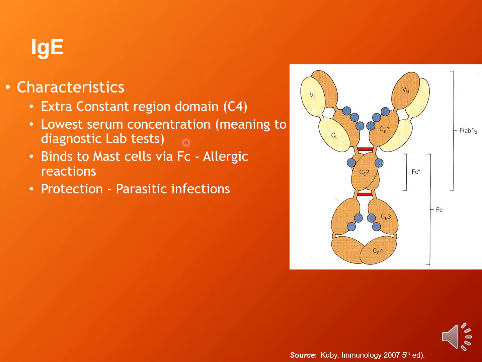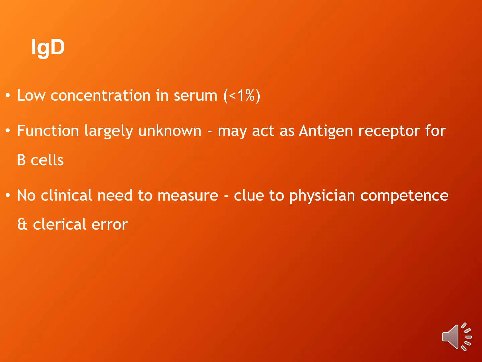It is the lowest in terms of concentration in the serum, and it binds to mast cells. If it is connected to mast cells, what could be the possible function of this IgE? It has an effect on allergic reaction. It also provides protection against parasitic infections.